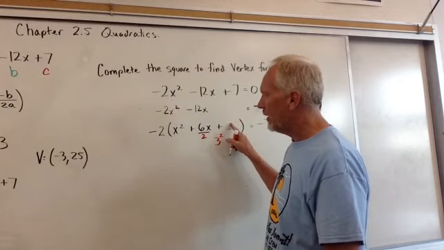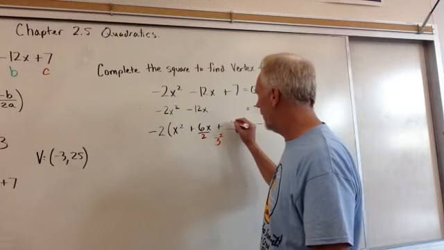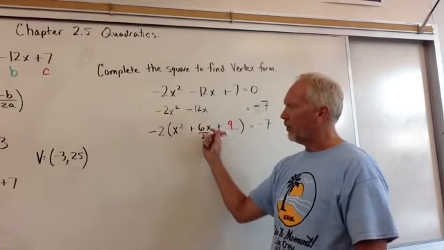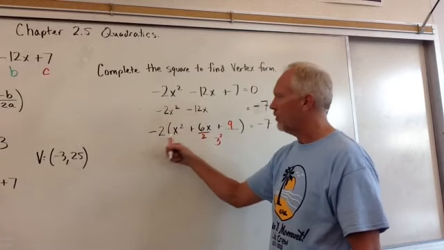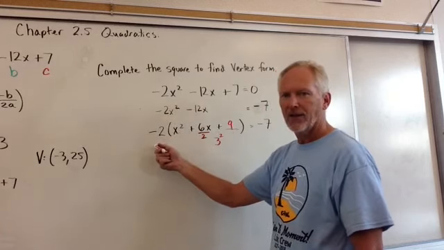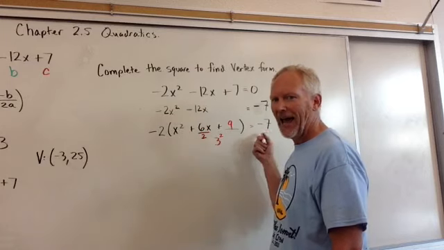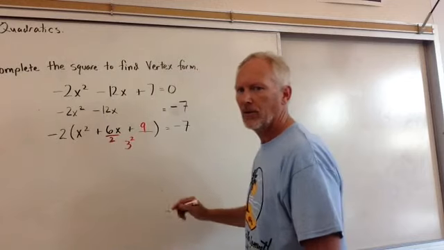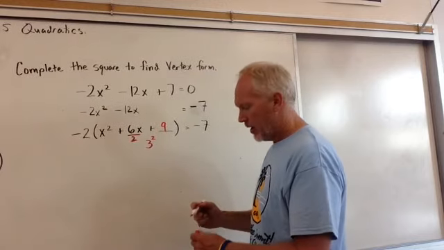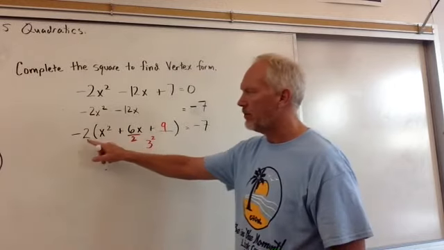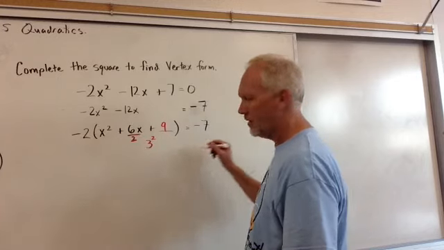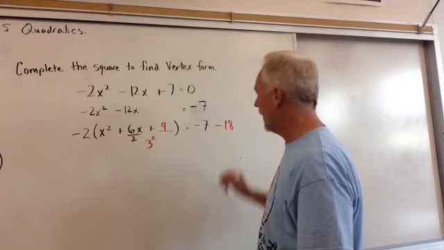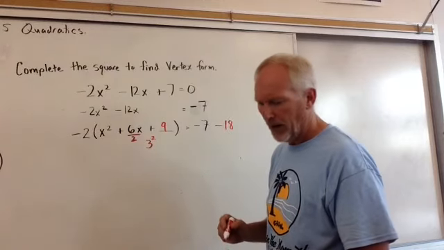But if we think that we factored a negative 2 out here, what I have to do is multiply that 9 times negative 2 and add that to the other side. 9 times negative 2 is negative 18.